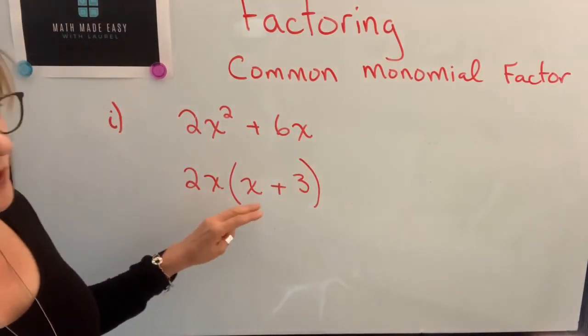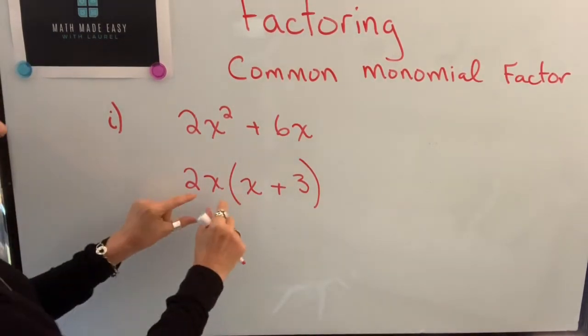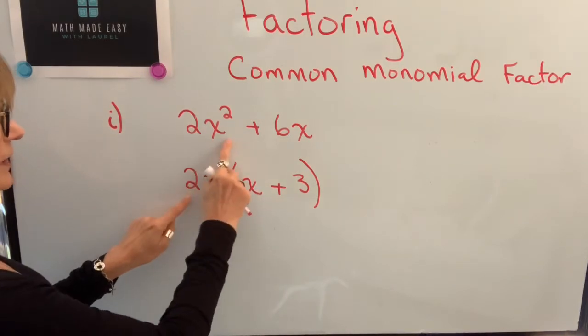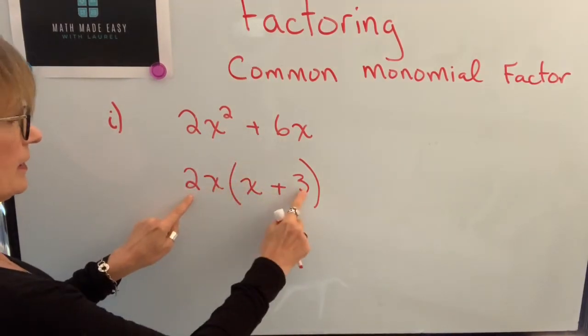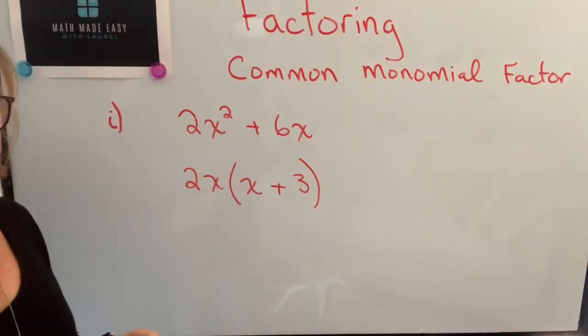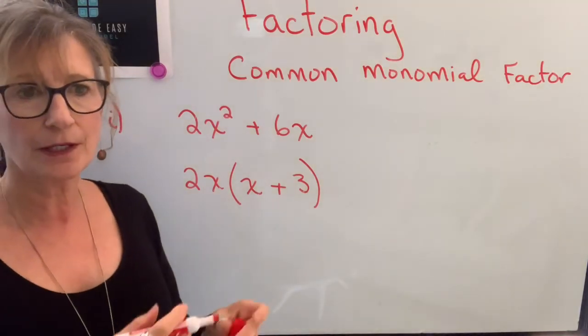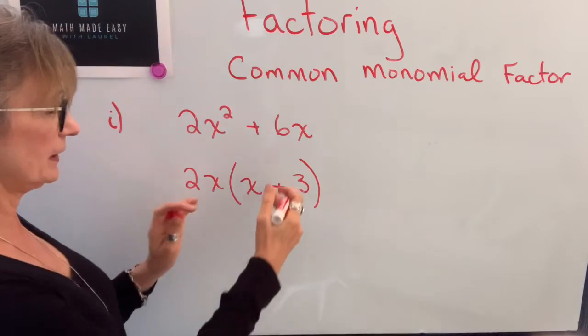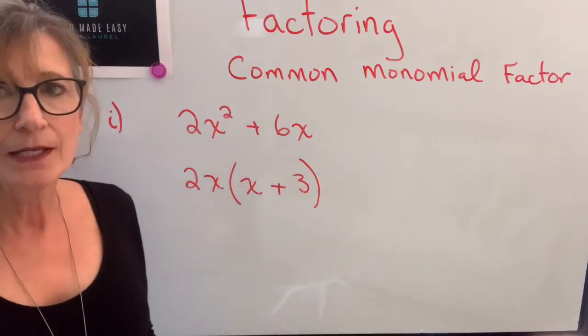I can check whether I factored correctly by simply multiplying this, and I should get back to that. So 2x times x is 2x squared, plus 2x times 3 is 6x. So it's the reverse of multiplying your polynomials. You're dividing it up into factors.